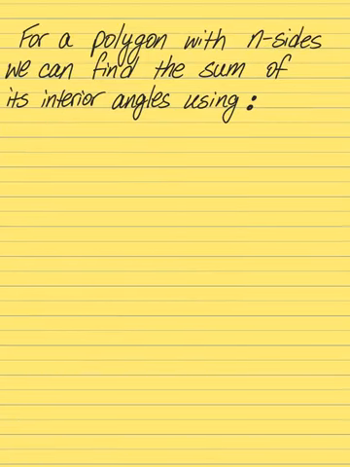In this next section, we're going to talk about how to find the different angles of different sides of polygons. So here it says for a polygon with n sides, we can find the sum of its interior angles using a formula that looks like this. The sum of interior angles, and I'm just going to abbreviate this to INT and use the angle symbols, of a polygon, is equal to 180 times n minus 2.